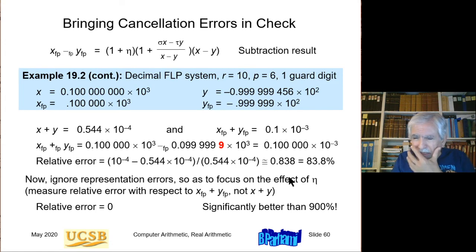And I get this value. So I have three values here: the exact sum of the floating point representations, and the floating point sum of the floating point representations. Vastly different numbers.